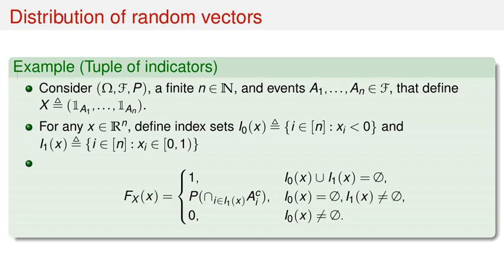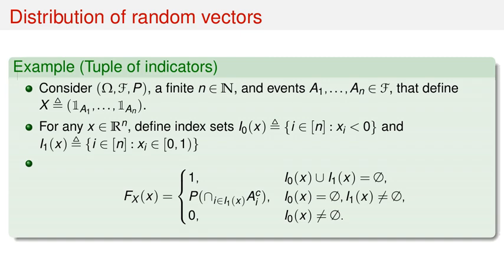Then the joint CDF F_X of x can be expressed as follows. It's 1 if both I_0 of x and I_1 of x are empty, meaning all x_i are greater than or equal to 1. It's the probability of the intersection for i in I_1 of x of A_i complement if I_0 of x is empty but I_1 of x is not empty, meaning all x_i are greater than or equal to 0.